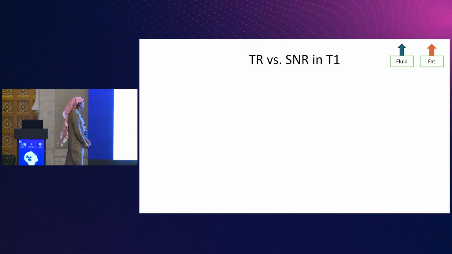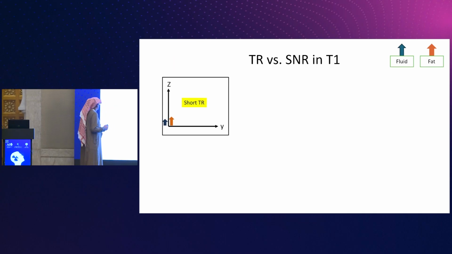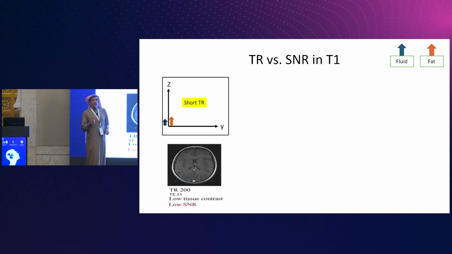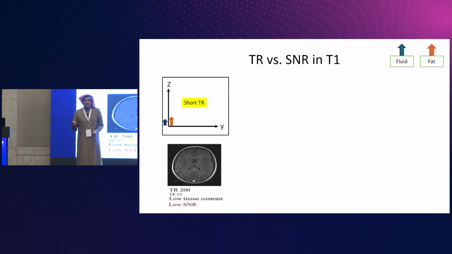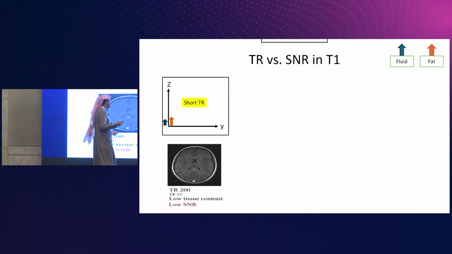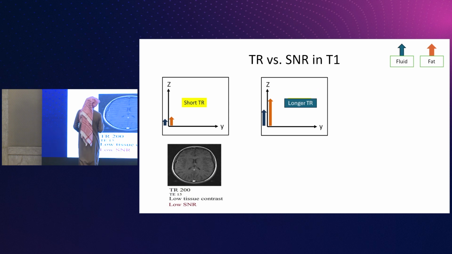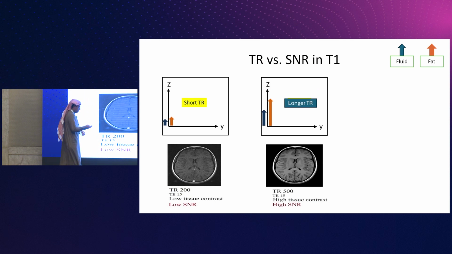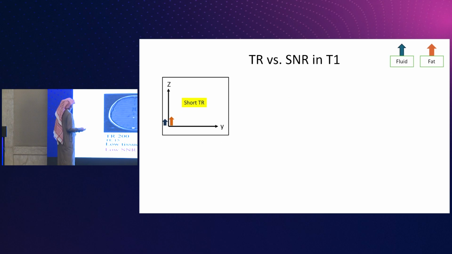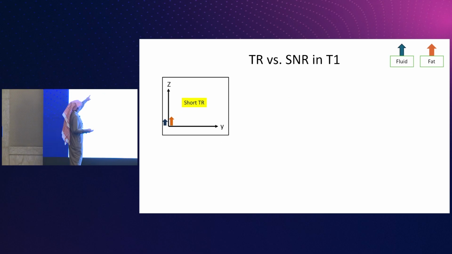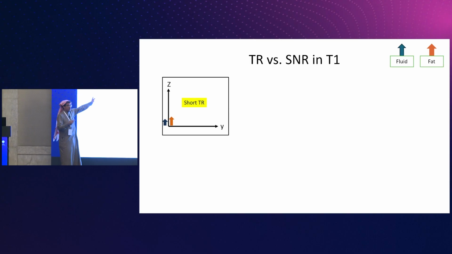TR versus SNR. Do we have to get high SNR all the time? When we have short TR in T1, this is physics, sorry for it, but I know that you don't like physics.